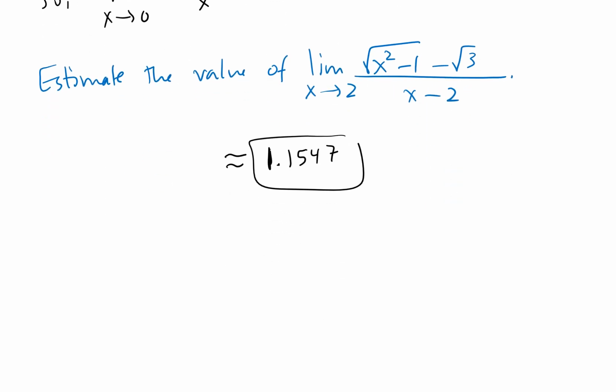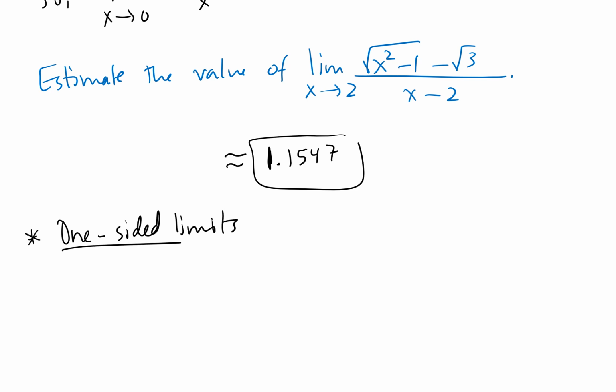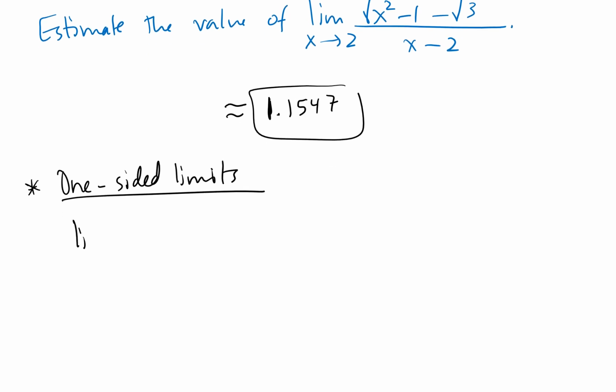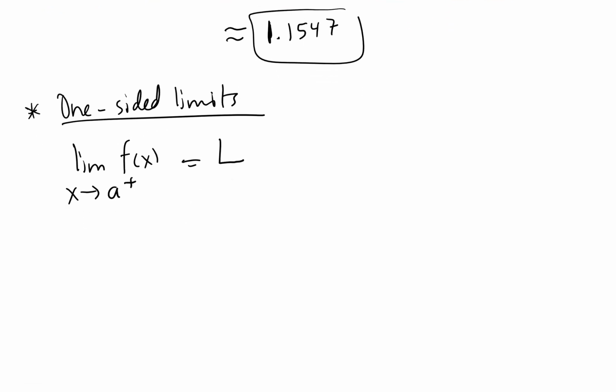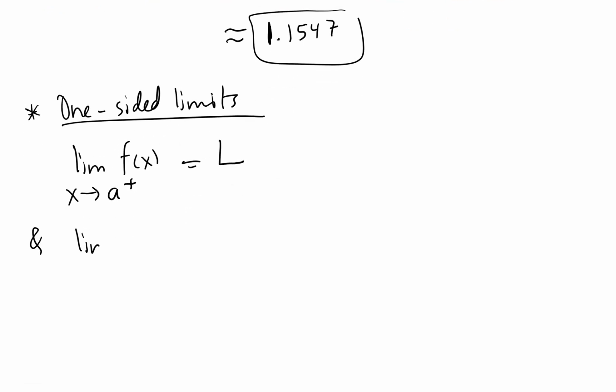Now I want to introduce, because I've been talking about the right side and the left side, those are called one-sided limits. If you try to find the limit of f of x as x approaches a from the right side, that's what a plus means, a to the plus sign means from the right side, and you find that the limit has a value of L. And you find the limit of f of x as x approaches a from the left side, and you get L as well.